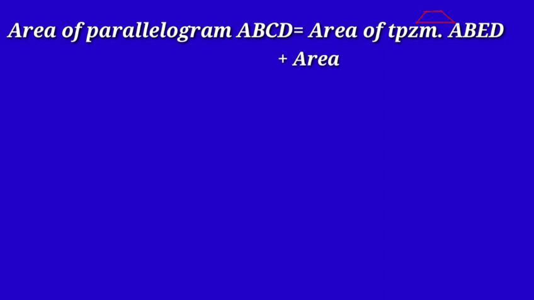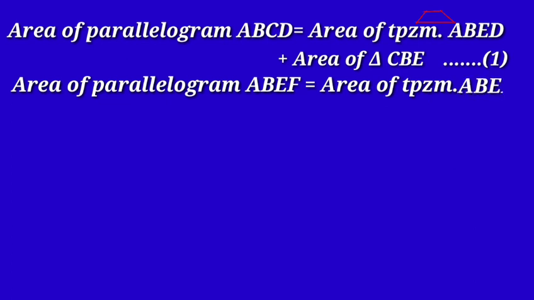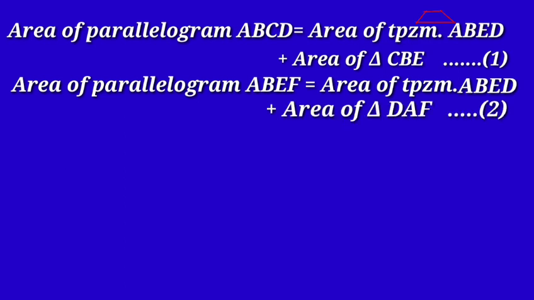Area of parallelogram ABCD is equal to area of trapezium ABED plus area of triangle CBE. And area of parallelogram ABEF is equal to area of trapezium ABED plus area of triangle DAF.